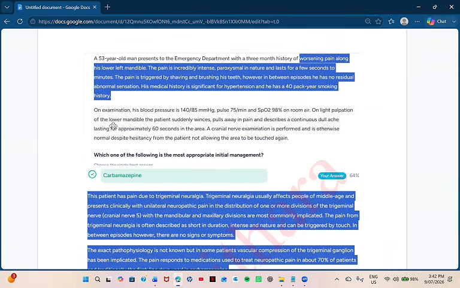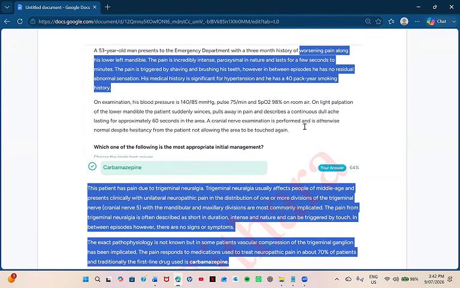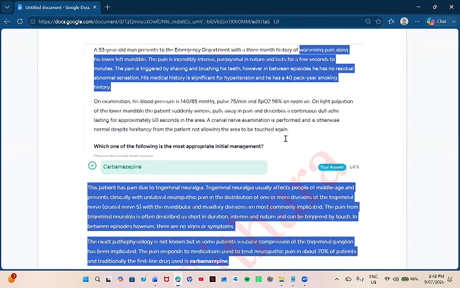On examination, his blood pressure is 140/85, pulse 75, SpO2 98. On light palpation of the lower mandible the patient suddenly pulls away, describing a continuous dull ache lasting approximately 60 seconds in the area. The cranial nerve examination is otherwise normal, despite hesitancy from the patient, who does not allow the area to be touched again.